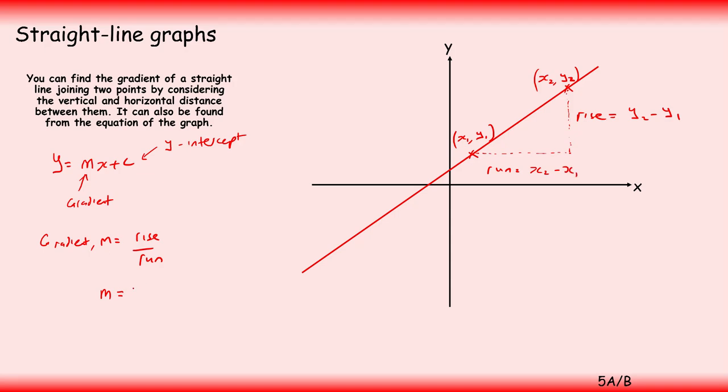And so our gradient m is given by the rise, y2 minus y1 divided by x2 minus x1, and that's our gradient. So if you want to make some notes, I think a sketch of the graph is quite important. So hit pause, make some notes. When you're ready, hit play again.